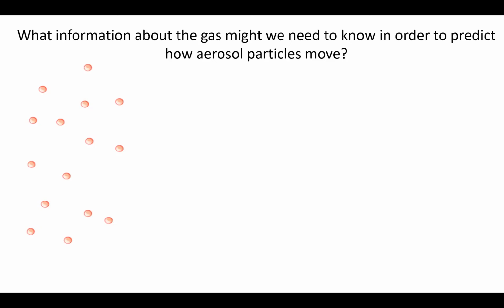And so one thing that we will need to know, right, is how fast our gas molecules or our billiard balls are moving, right? When things collide, then there is an exchange of momentum, and more momentum will be exchanged if things are moving more quickly. We need to know how fast the molecules are moving.